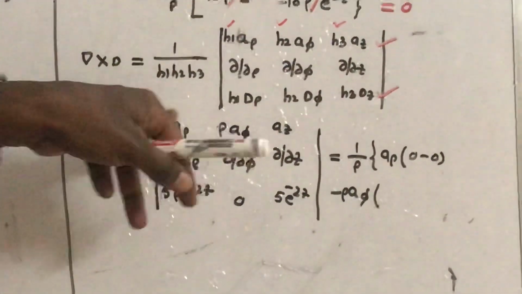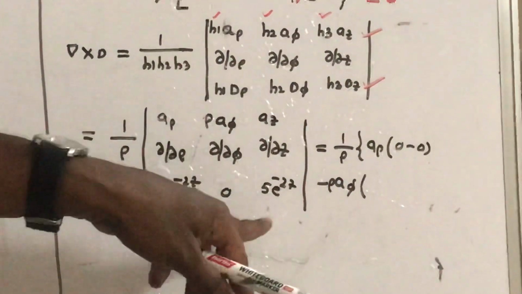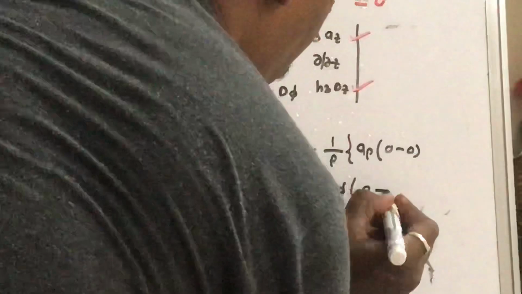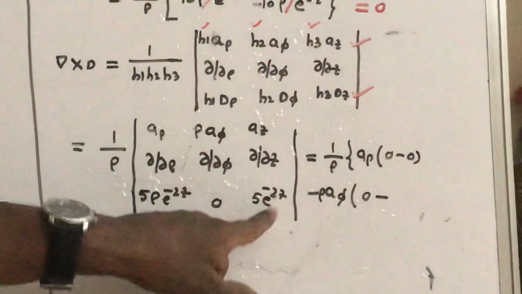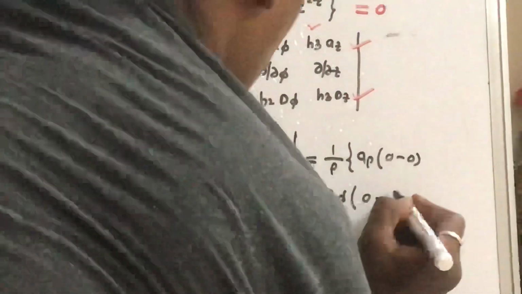So 0 minus 0, minus rho a phi into dou by dou rho of this term, which is 0, minus dou by dou z of this term. 5 rho is a constant.